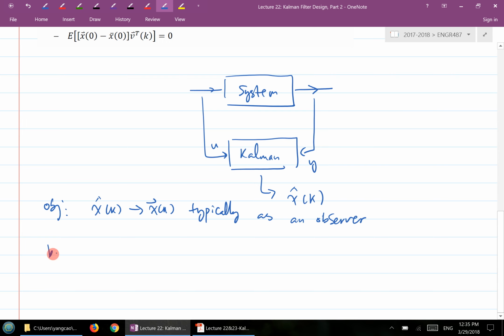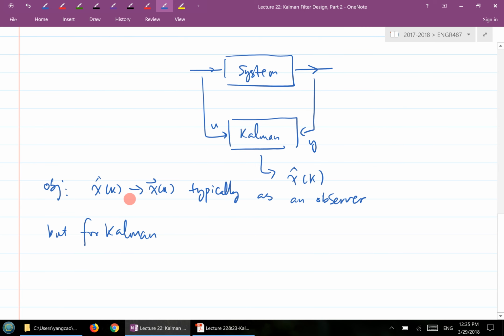But for the Kalman filter, the objective is not this.